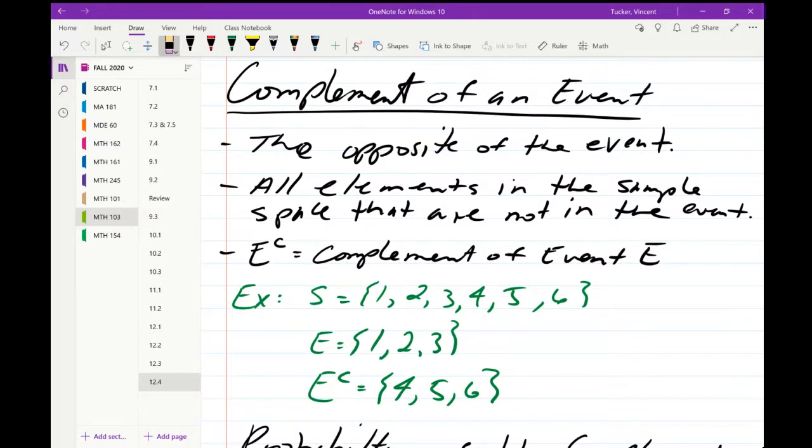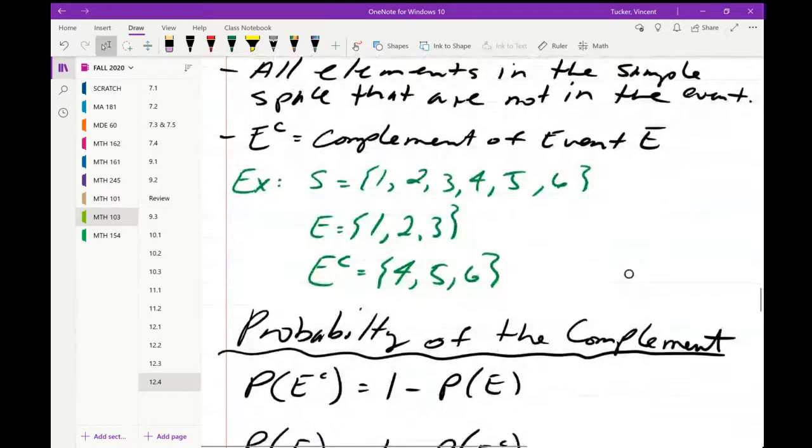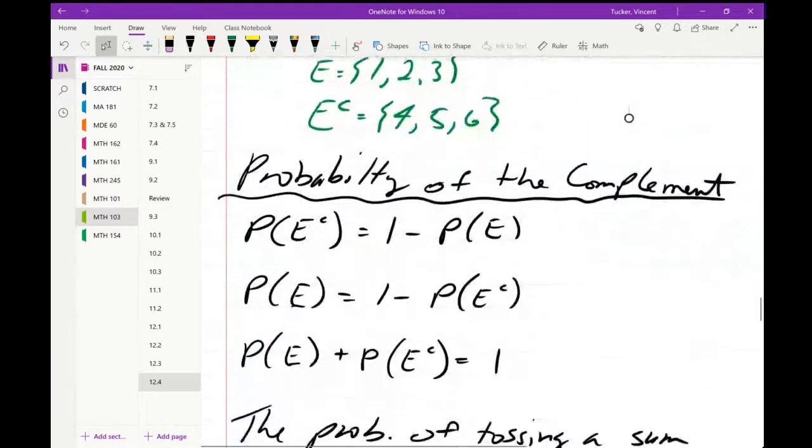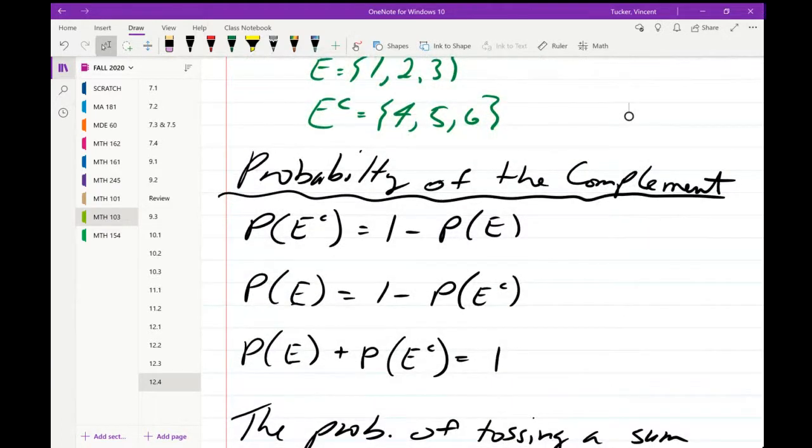All right. Questions? Any questions? All right. So the probability of the complement.